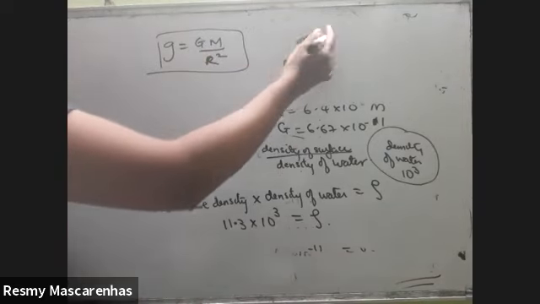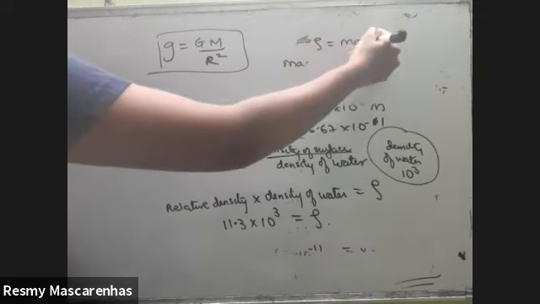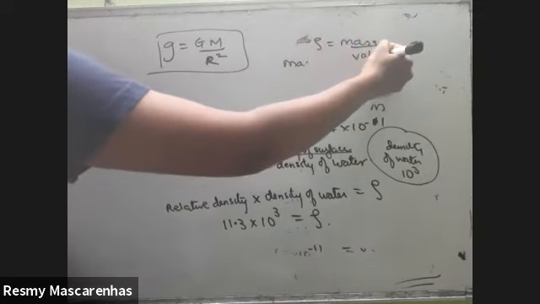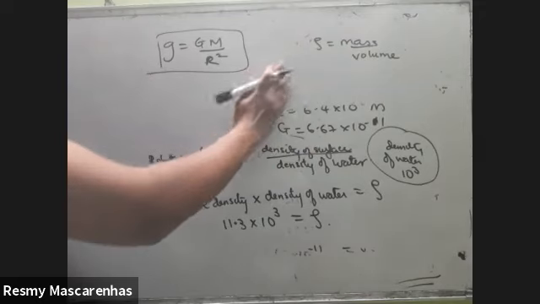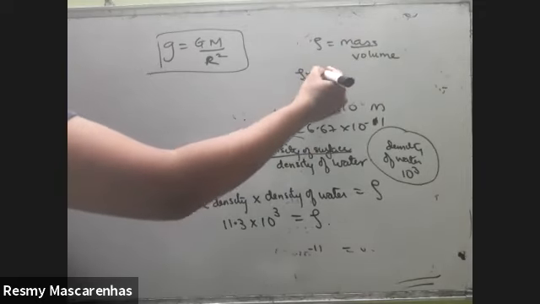We know that density is mass upon volume. So what will be mass? Density into volume.